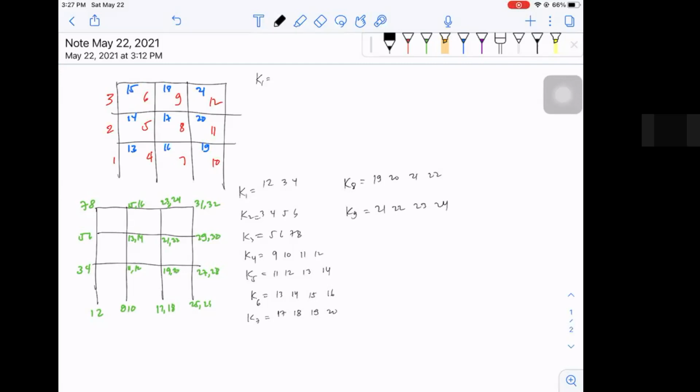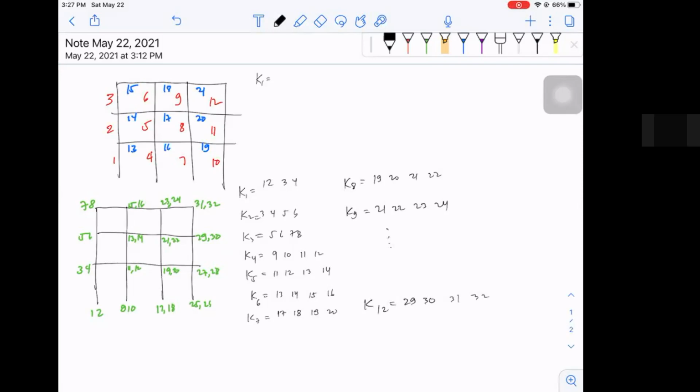So on and so forth, no? Until, let's finish the column now, K12 for the column. That will be 29, 30, 31, 32.